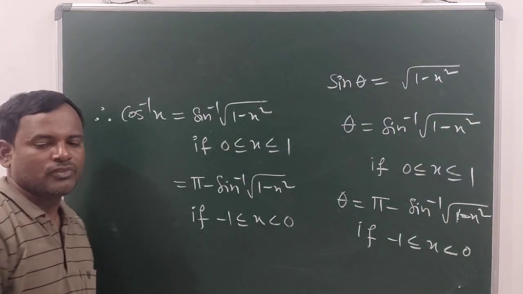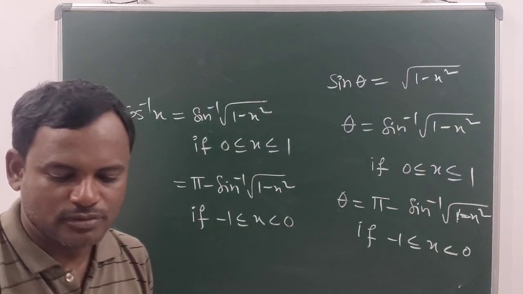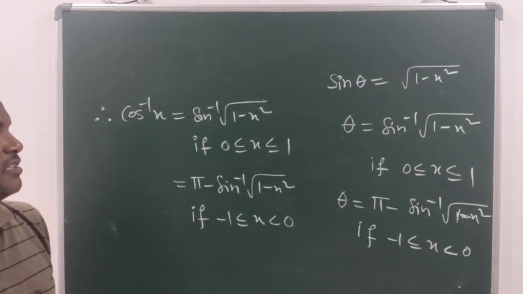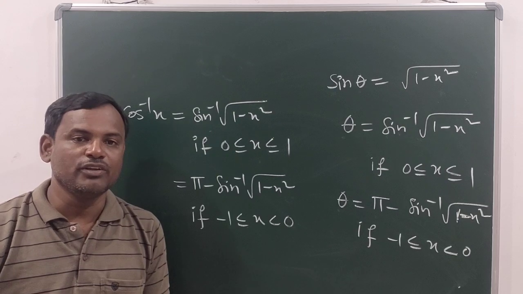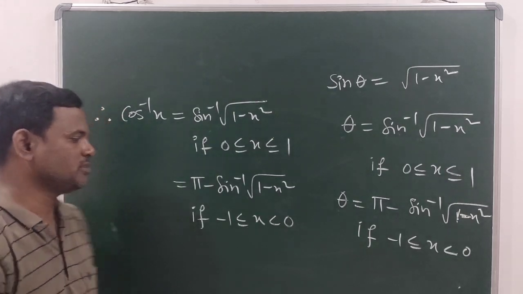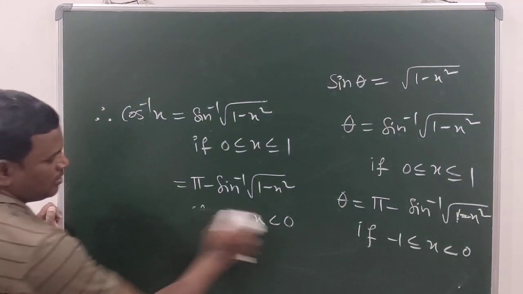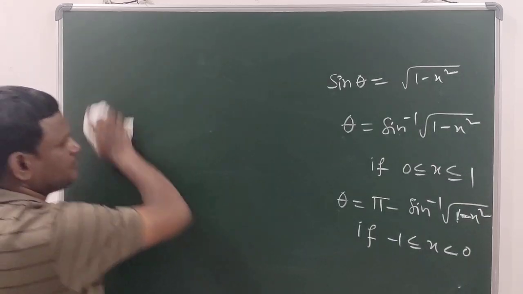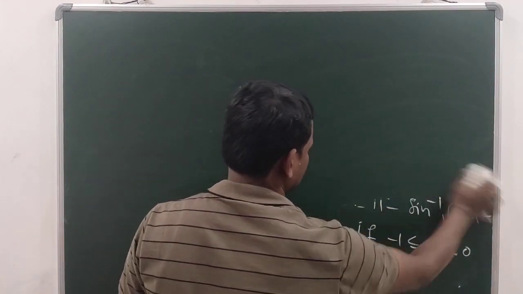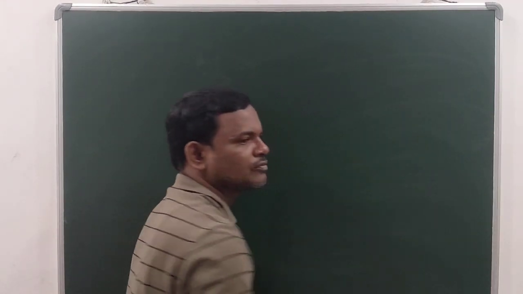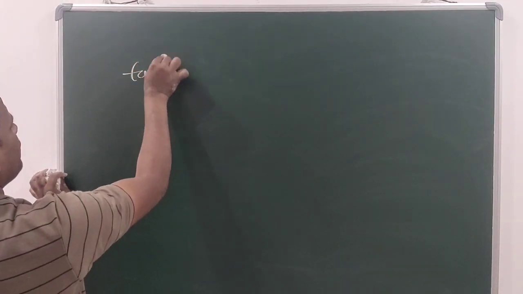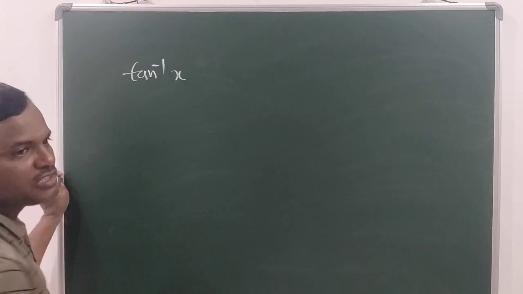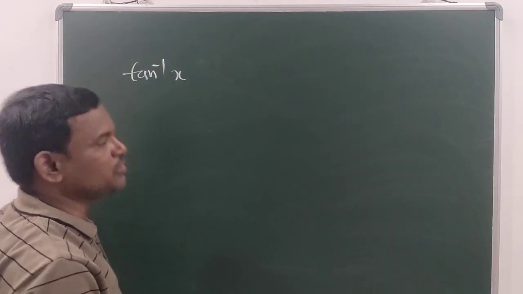Remember these two formulas. Next, I would like to express tan inverse of x in terms of sin inverse and cos inverse. Express tan inverse of x in terms of sin inverse and cos inverse.